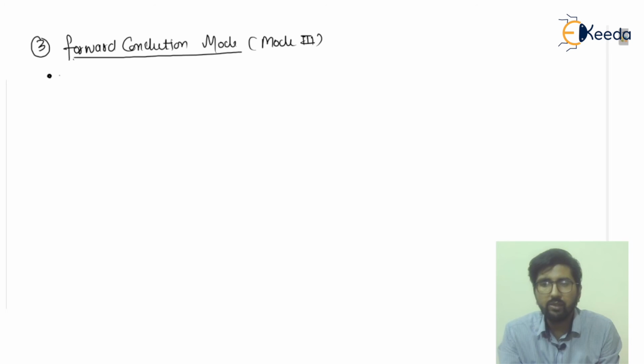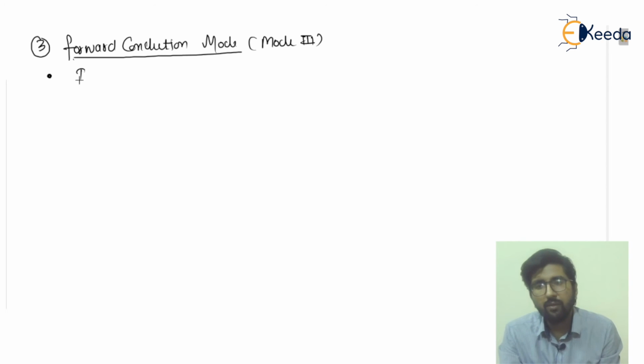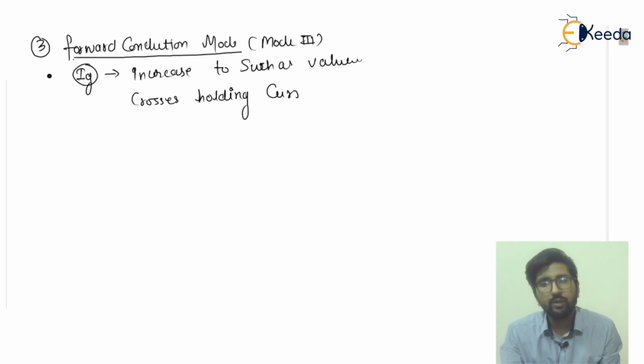The configuration is the same as the forward blocking mode, but we have increased the IG current to such a value that it crosses the holding current.